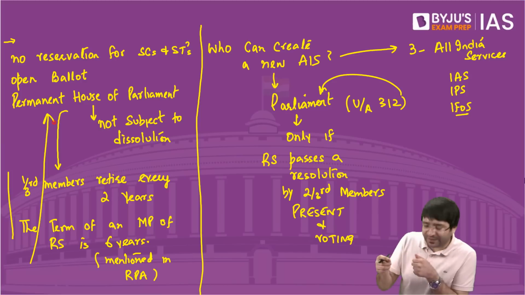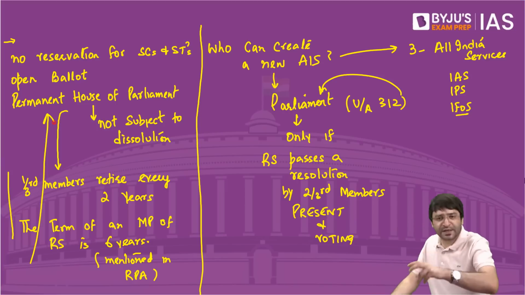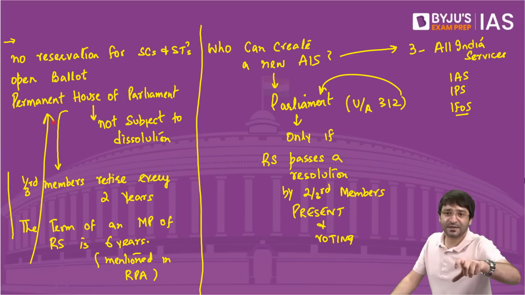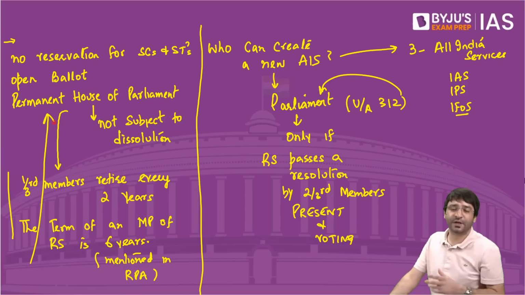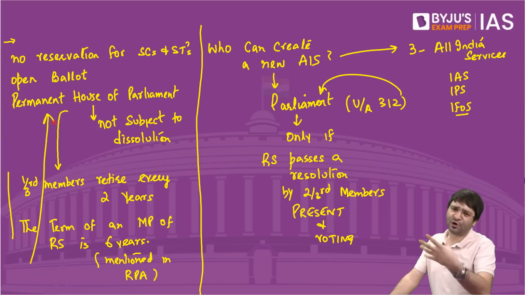What if 5 of them die? What if 5 of them resign? We have to have elections for those vacancies as well. That is why there were 10 seats where election took place. It was a by-election, basically to fill the vacancy caused by death, resignation, or disqualification. And the remaining 65 are those seats which normally get vacated every 2 years.